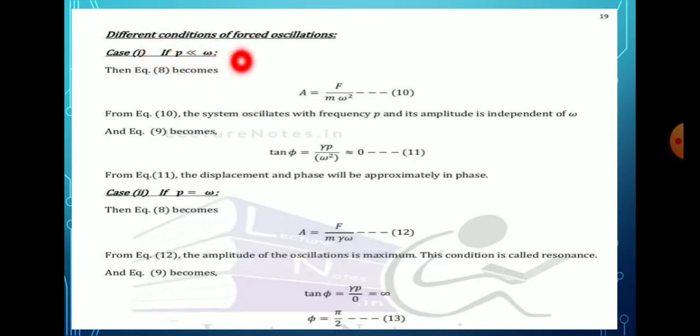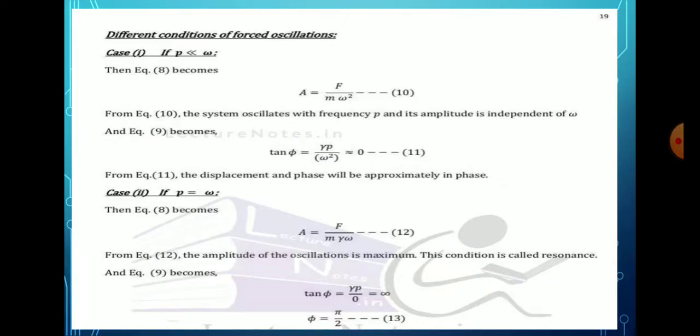Then there are 3 conditions. Case 1: if p is much less than omega, then in equation 8, p square will be very small, so omega square minus p square is nearly equal to omega square, and r p a is nearly equal to 0.